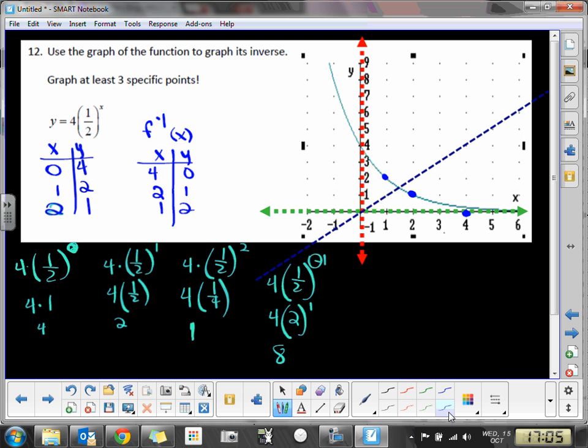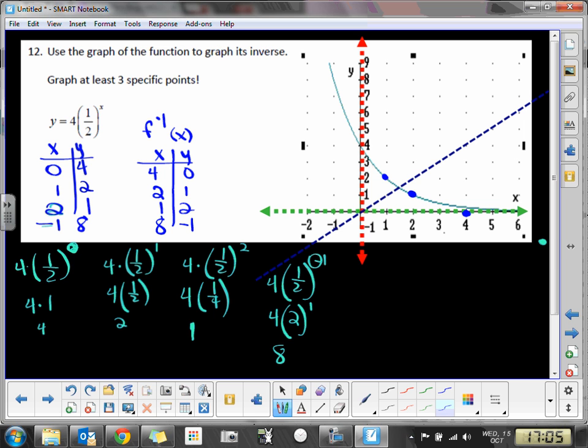When I put in a -1, I got an 8, so my inverse should be 8, -1. So that's going to take me off my graph a little bit. I wish I could have shrunk that down. Well, I'll do my best. It's going to be down in here somewhere.